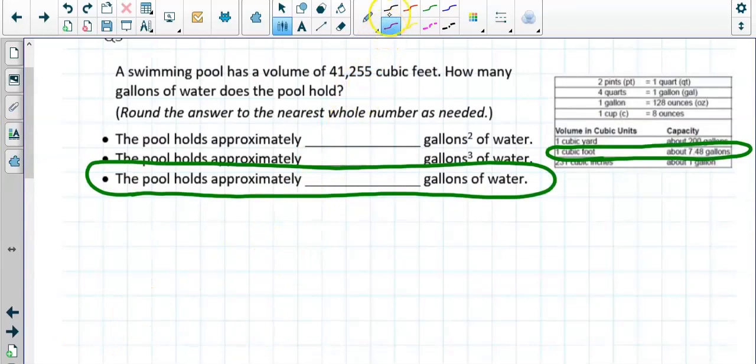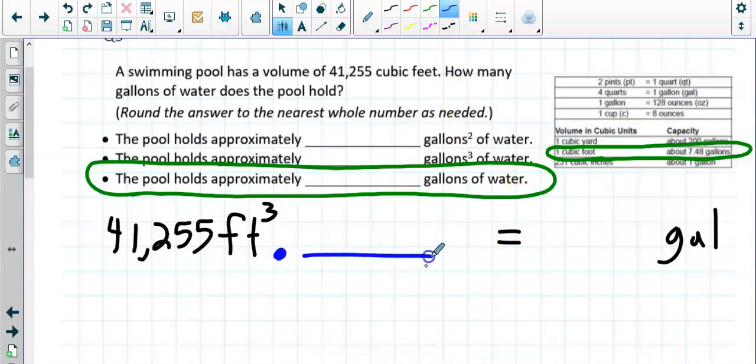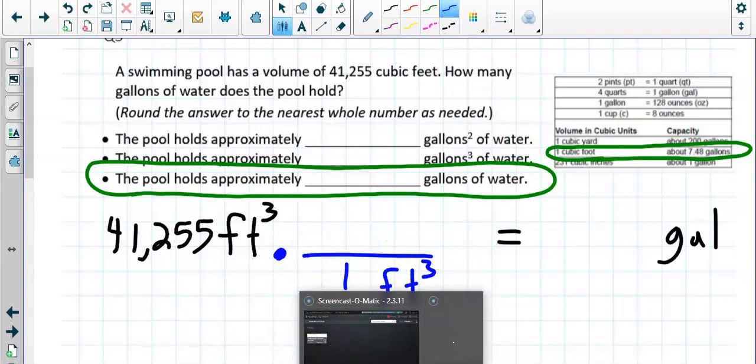We're going to take the 41,255 feet cubed, or cubic feet, however you want to call it, and you're going to turn that into gallons. Okay? So we already know our dimensional analysis. We want the feet cubed in the bottom, and that's 1.